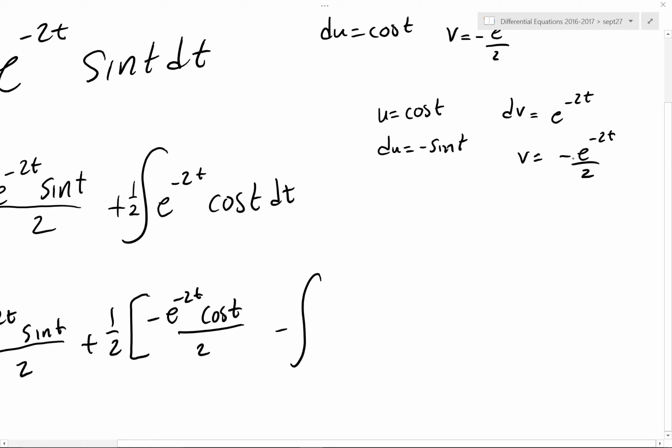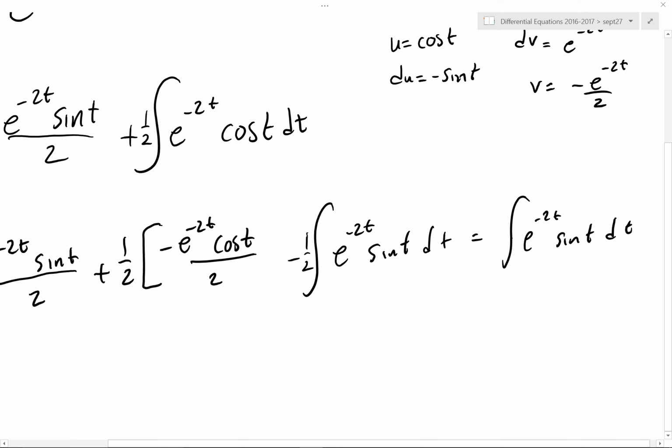So it's minus, a minus, a minus, it's still a minus, a half out front. And then it's e to the negative 2t sine t, which is what I started with. So I had this to start with. So if I add this over there, I'm going to get 3/2 of them.